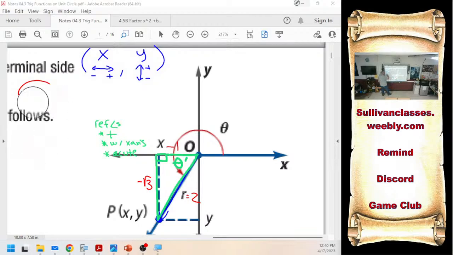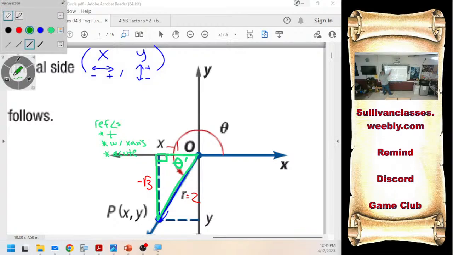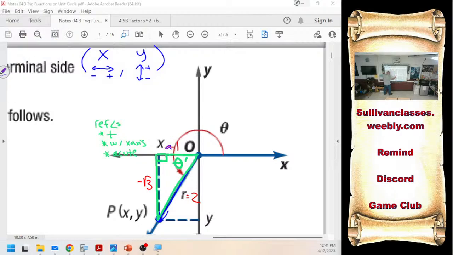Now, take a look at this triangle again. Isn't this right here from theta prime? Isn't this the adjacent and the opposite and the hypotenuse? And I went this way.